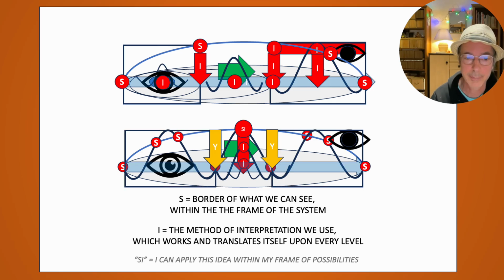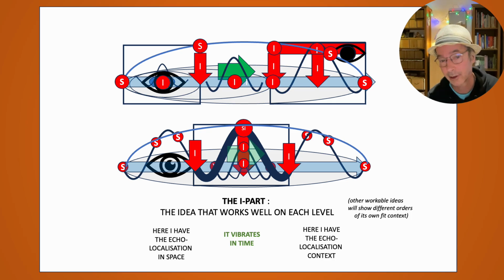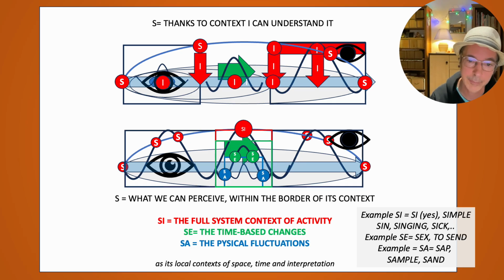So then you can express it a little bit better as a combination of patterns and of a frame. Here's the pattern that I can use, the E part. So that's my idea that will work well on each level, and it will vibrate here also in time, where I will have an echolocalization in space, this echolocalization or vibration in time, and this echolocalization in context.